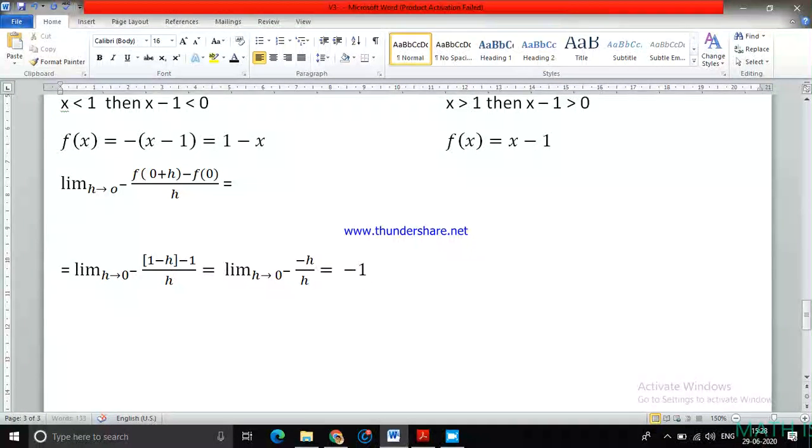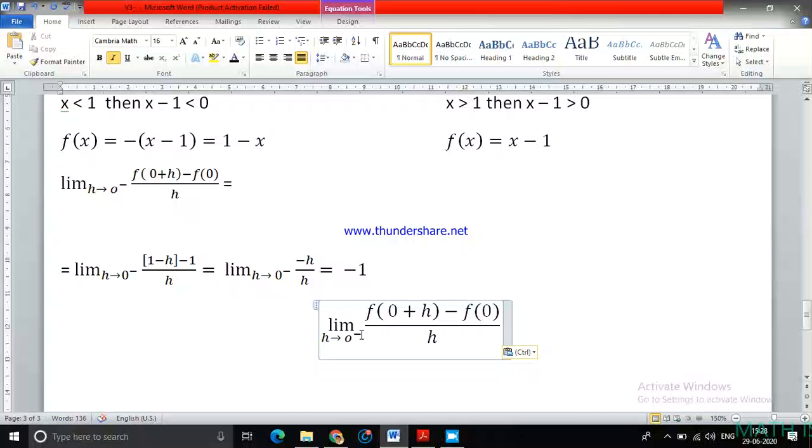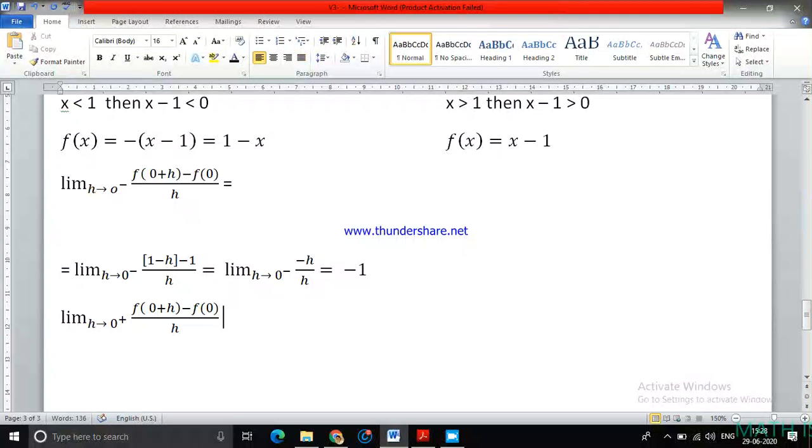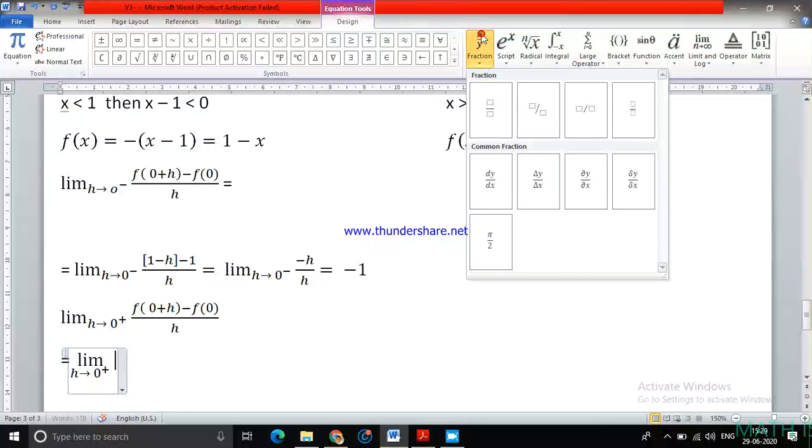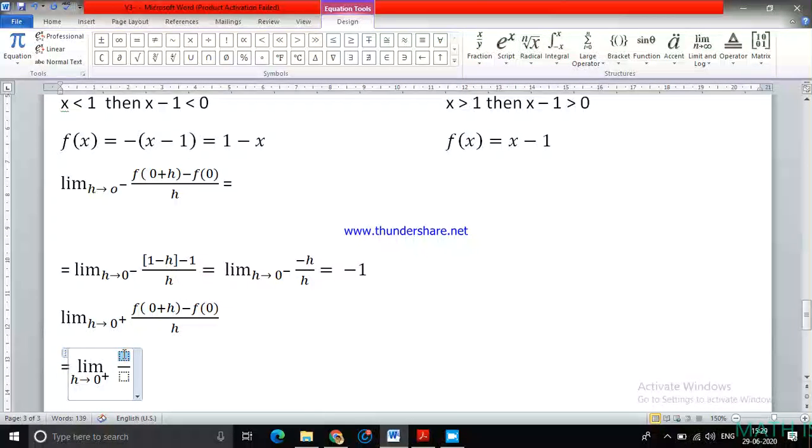Okay, similarly when I solve the right limit, let me take the same step. For the right limit, you get 0 plus h, f of 0 plus h minus f of 0 upon h, which equals limit h tends to 0 plus of a fraction. Here f of 0 plus h is h minus 1.